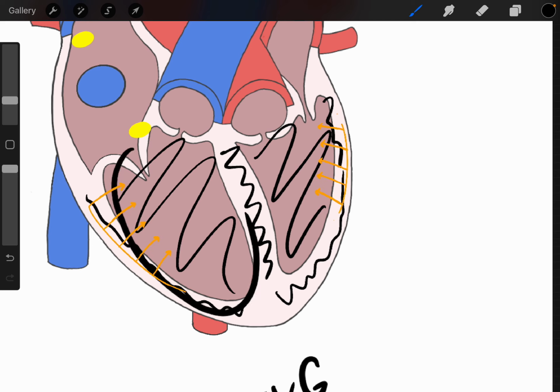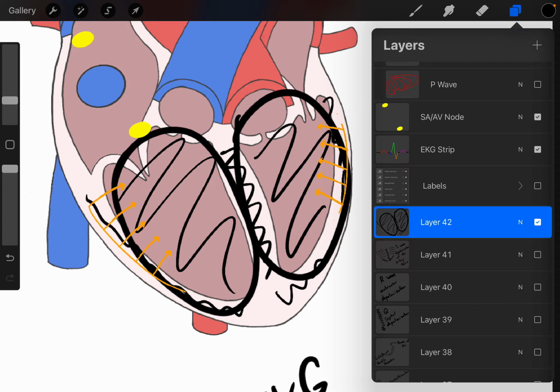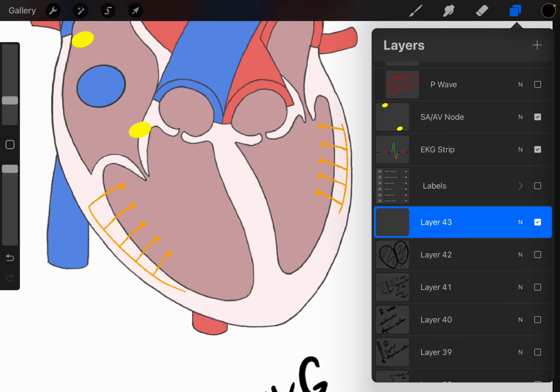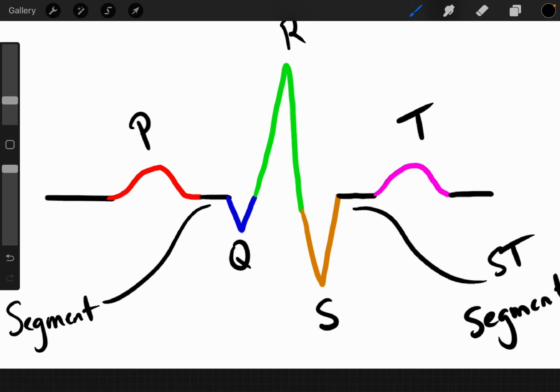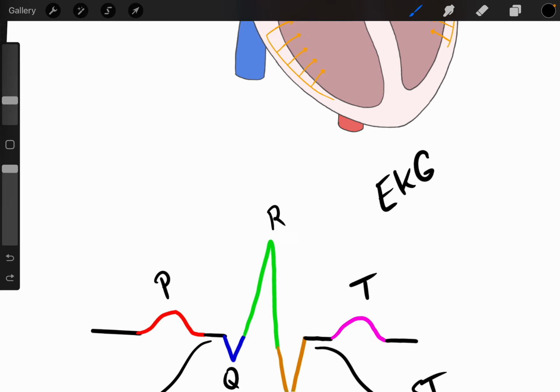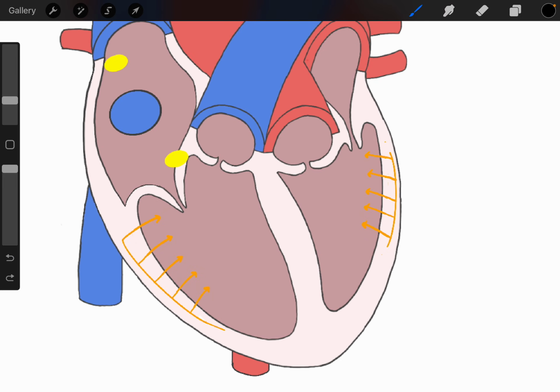Okay, now that is shown as the S wave. So if we go down here, that is shown as the S wave. So when you see an S wave, you can assume that the ventricles have been completely depolarized because the S wave is showing that the Purkinje fibers have been depolarized.